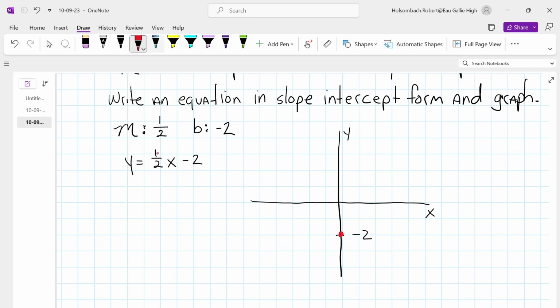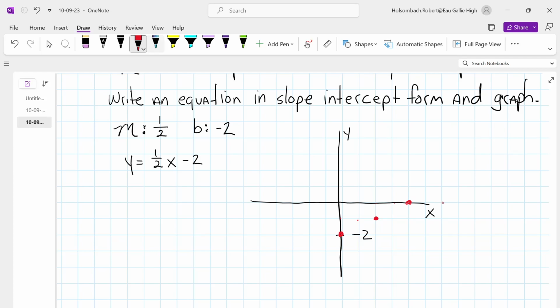And then remember that your slope is rise over run. So from -2 on the y-axis, I'm going to rise 1, and I'm going to run 2 to the right because the slope is positive. And then I'm going to rise 1 more, and I'm going to run 2 more to the right.